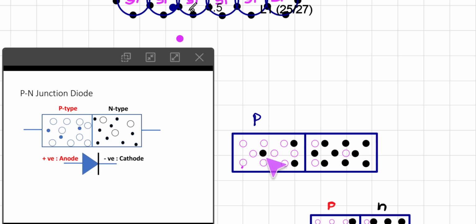Similarly, we know that due to thermal energy some electrons are freed, and holes and electrons are generated, but inside the p bar holes are majority carriers, so these electrons act as minority carriers, and vice versa. Same is the case with n type of material.